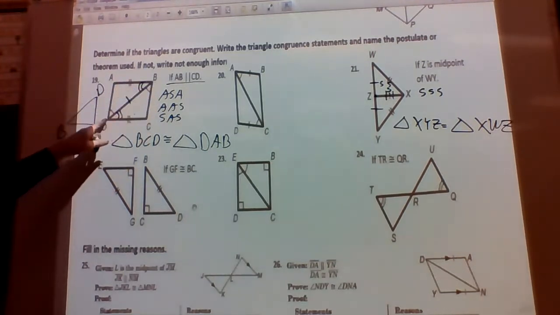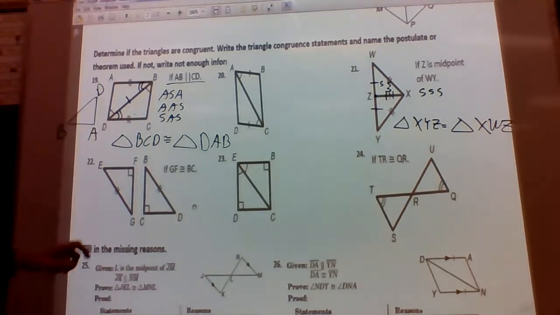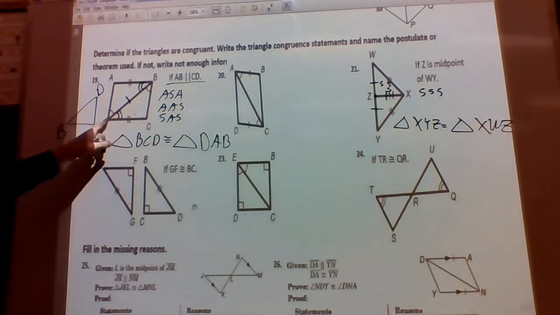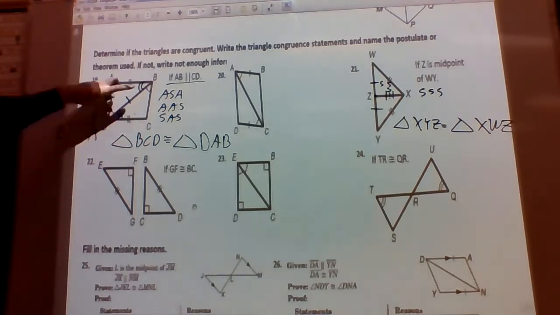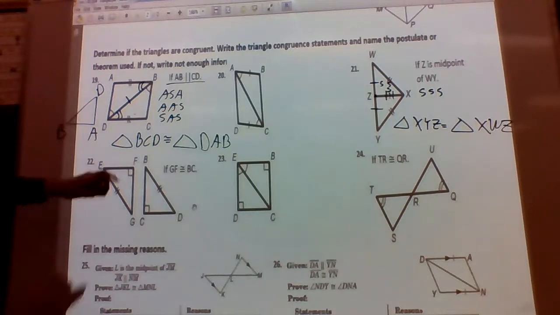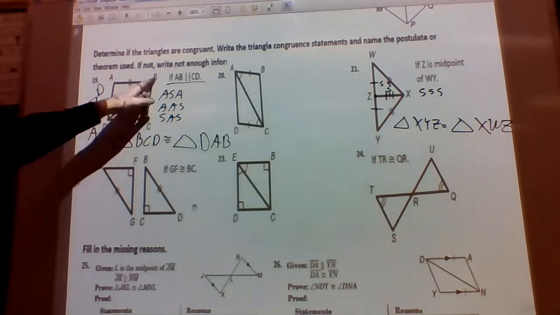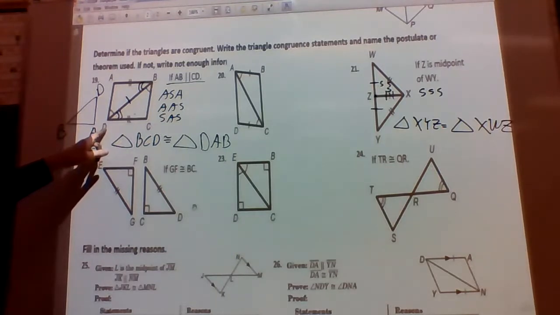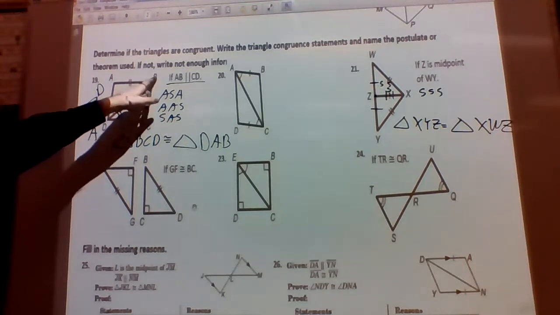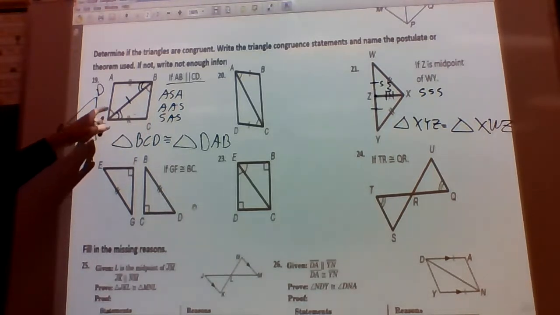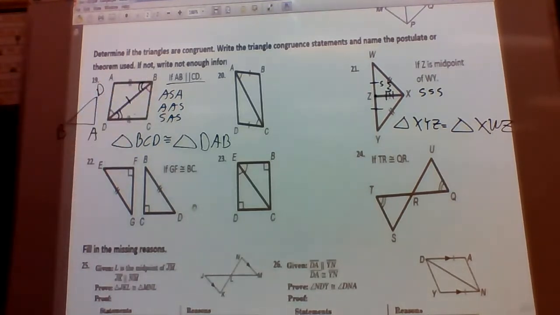So BCD, DAB. Again, take it, flip it. BCD, DAB.